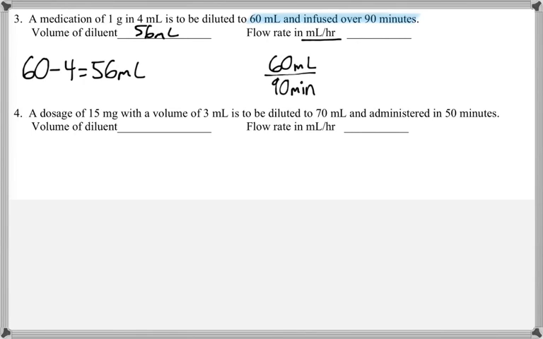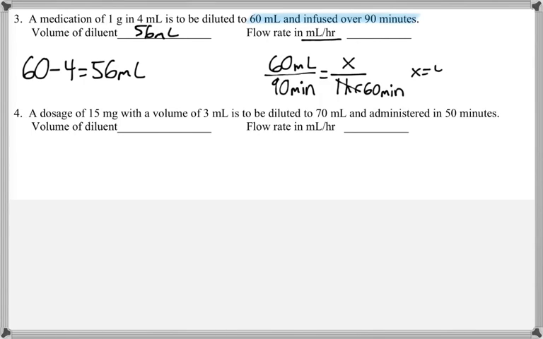So to figure out how much it is per hour, we just need to set this up in a proportion with 1 hour, which is 60 minutes. So 60 times 60 divided by 90, and we get 40.